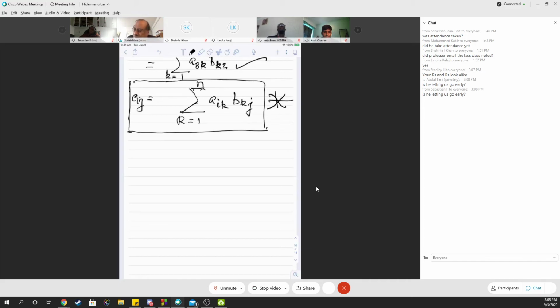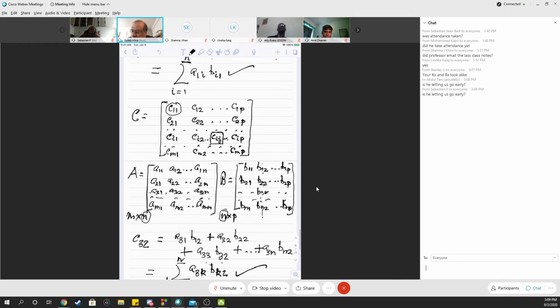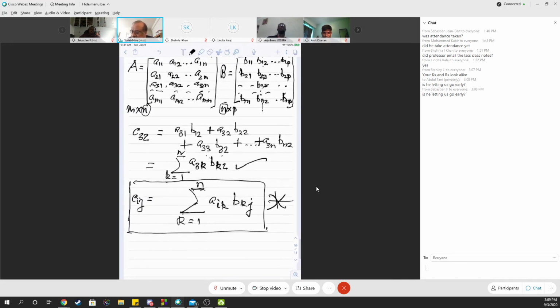So let us again take the trace of a matrix. Trace is the sum of the diagonal elements. So trace of A is A11 plus A22 plus up to Amn.